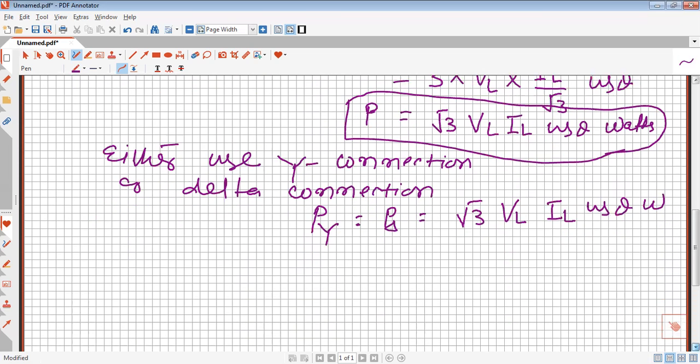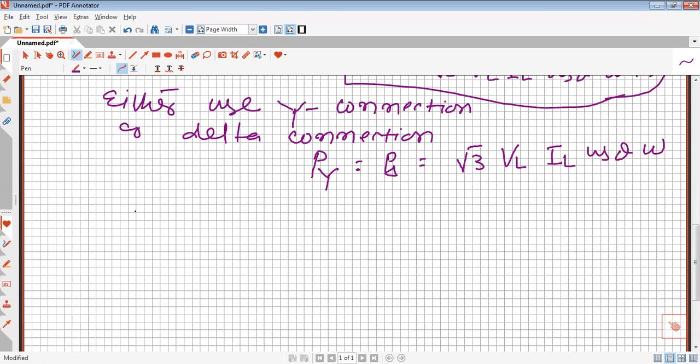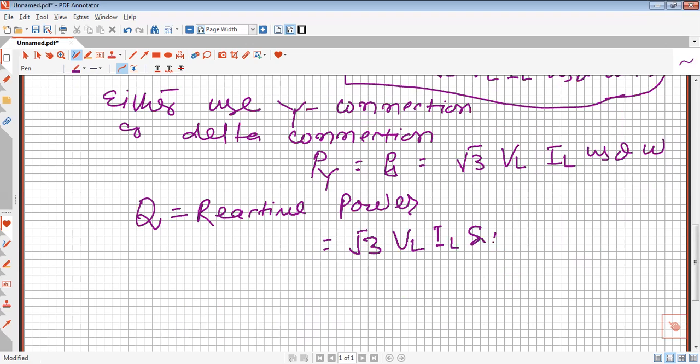In the same way, we can also write for Q, that is reactive power, which is equal to root 3 times VL IL sin theta, and its unit will be volt ampere reactive.